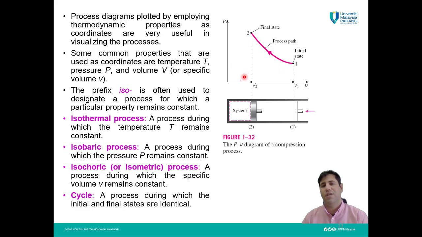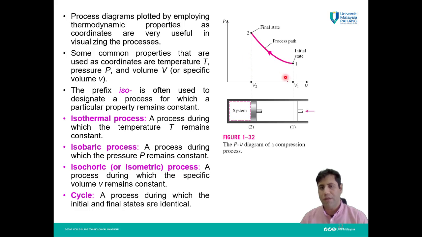For example, imagine a cylinder and piston here. Imagine we have some kind of combustion here. Energy is released. Then the volume is changed. When volume is changed, pressure is changed.